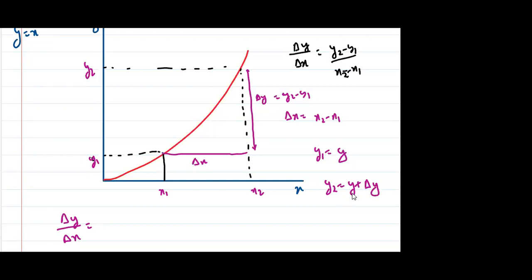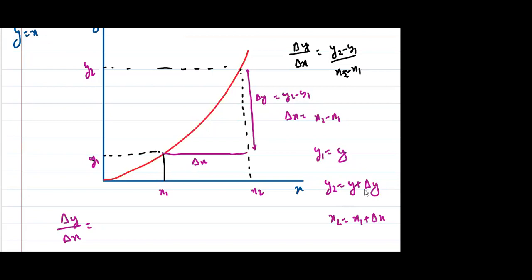I guess all of you know how to use the transpose and all those things. In the same way, can I say x2 is equal to x1 plus delta x?